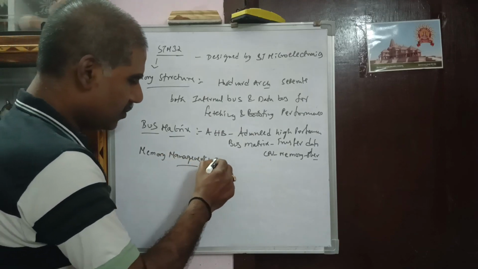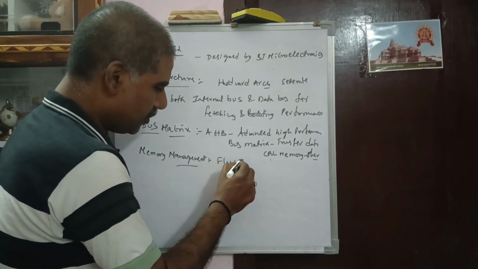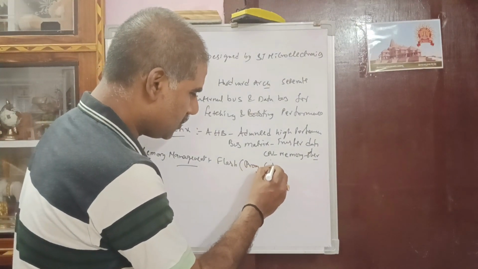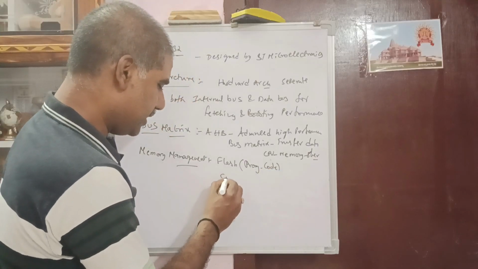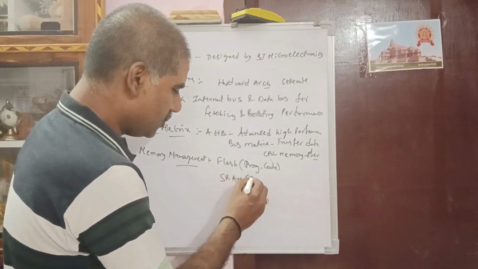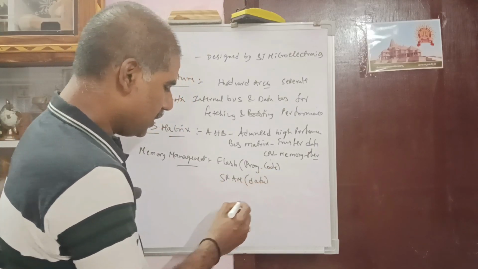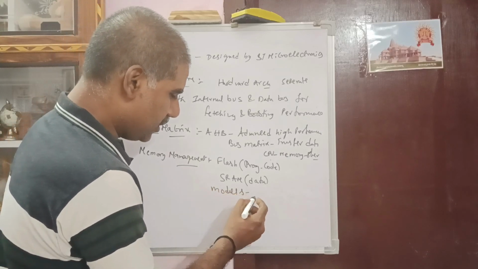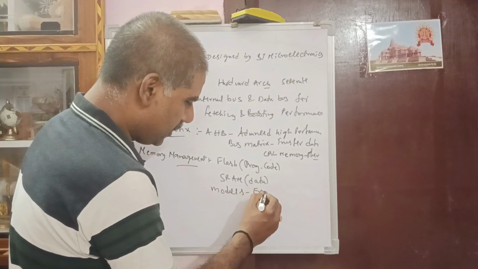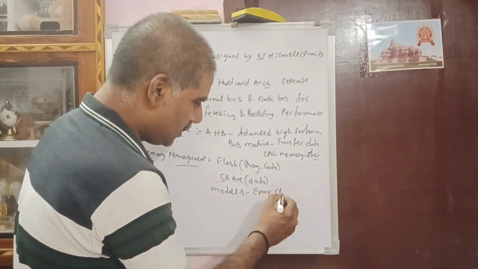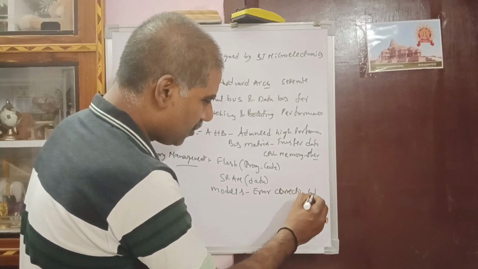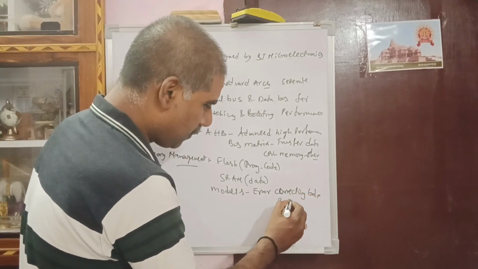Another one is memory management. In this, flash memory is used to store program code, whereas SRAM is used to store data. Another feature is error correcting code for reliability.